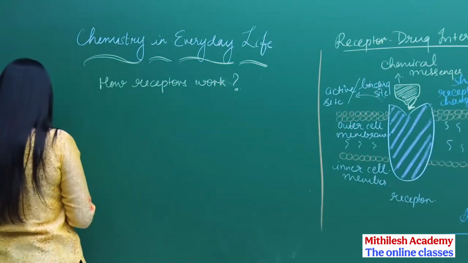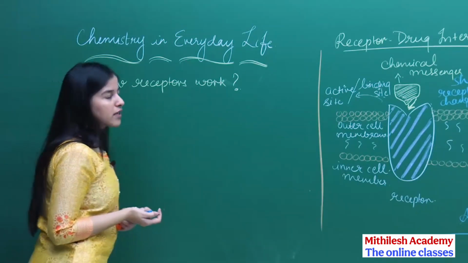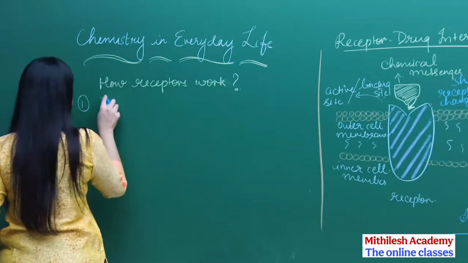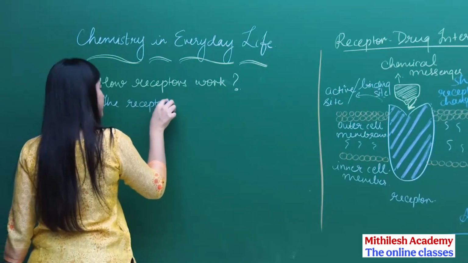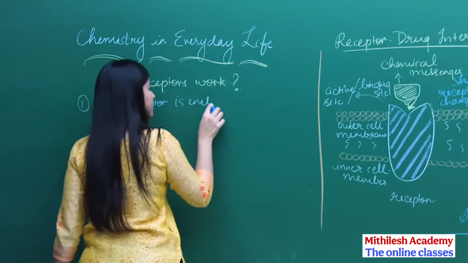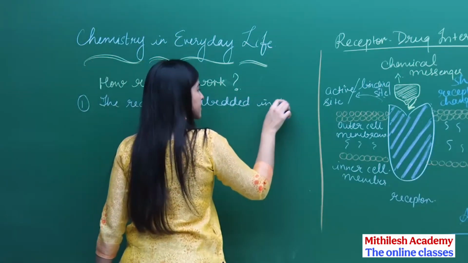So I have got the first point over here. The first key point will be, the receptor is embedded in the cell membrane.